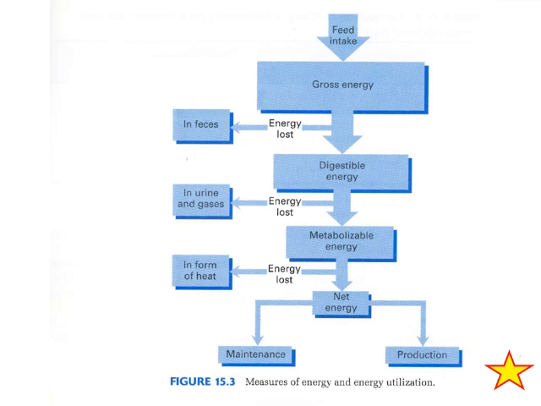We'll spend more time on it in 11. So take a look at this diagram. We have our feed. It's got a certain amount of gross energy. It's got digestible energy, metabolizable energy, net energy, and there are certain losses along the way. What we are left with at the end, net energy, is what we have available to take care of the cow's needs, maintenance and production. So we'll end it there.